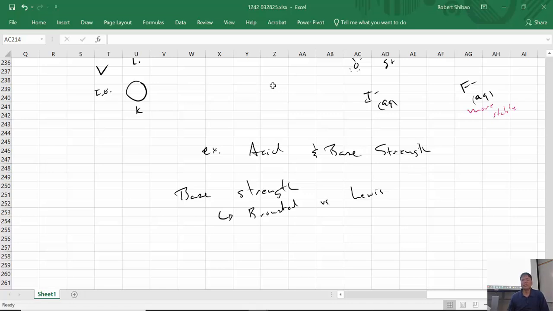For Bronsted, it's a bit easier than for Lewis. For Lewis, we really should consider MO and LCAO and HSAB.